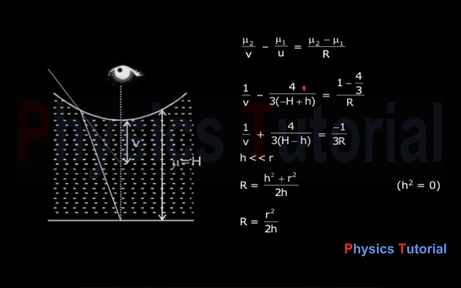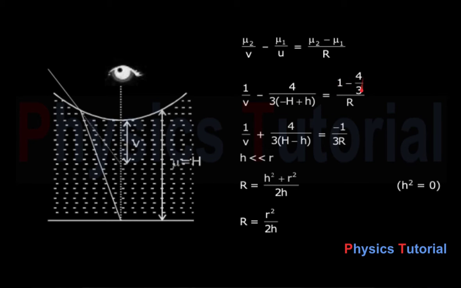So 4 by 3 is the refractive index, and u will be negative of h. We have to consider the sign convention also. This is downwards, and this is considered to be the origin. So this one will be minus h, and then here it is plus h.